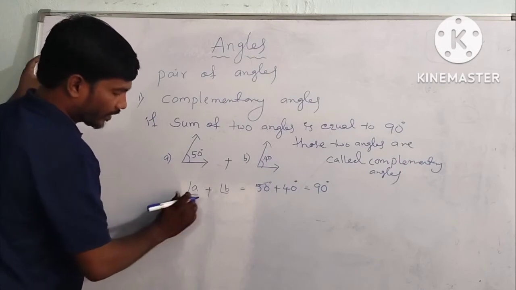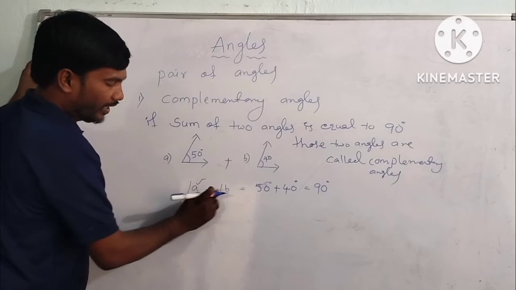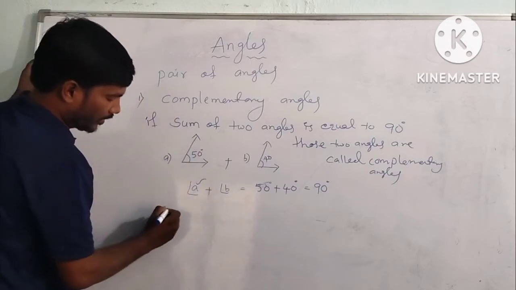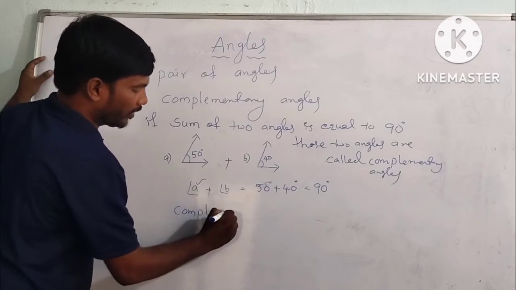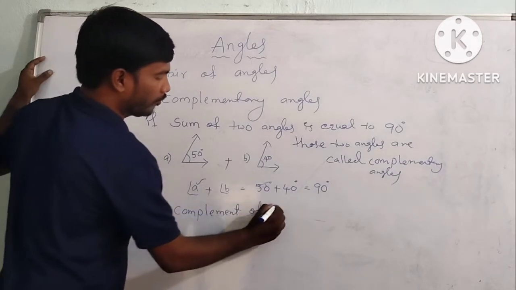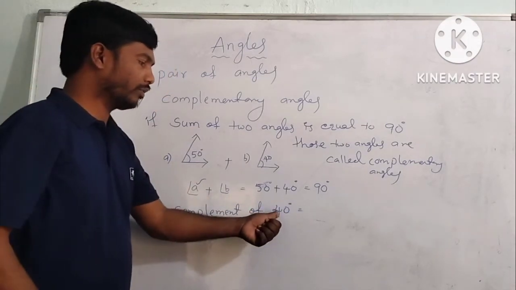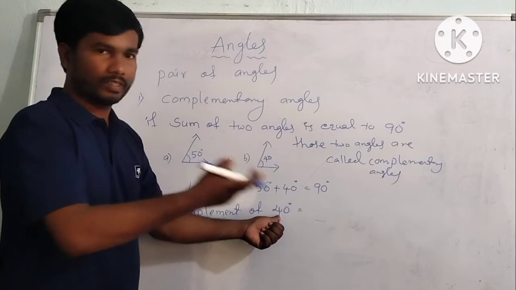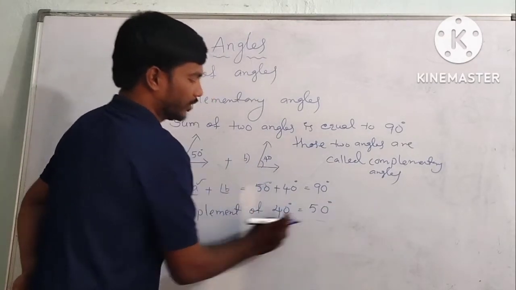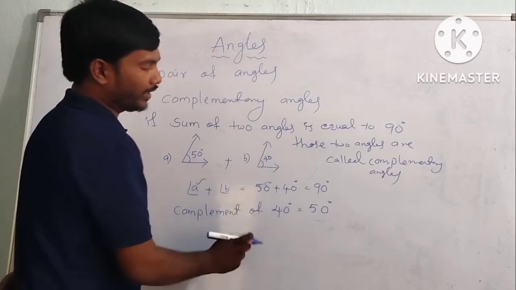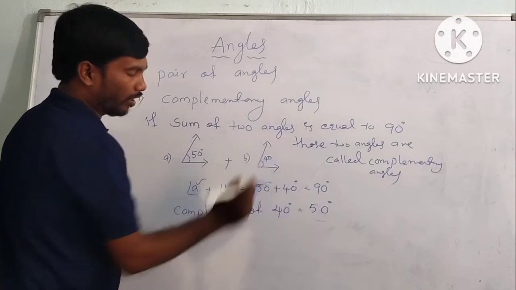Now here A is the complement of B, B is the complement of A. How? See, complement of 40 degrees. Which angle value gives 40 degrees plus the next angle equal to 90 degrees? That angle is 50. If you add 50 to 40, then only you will get 90 degrees. So that's why 50 is the complement of 40.